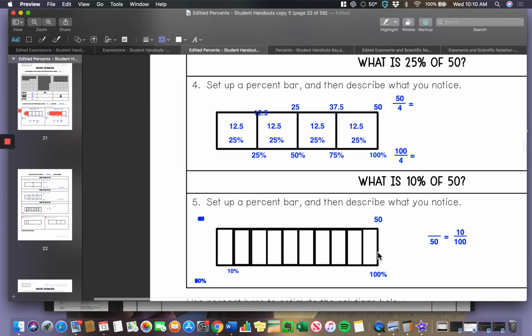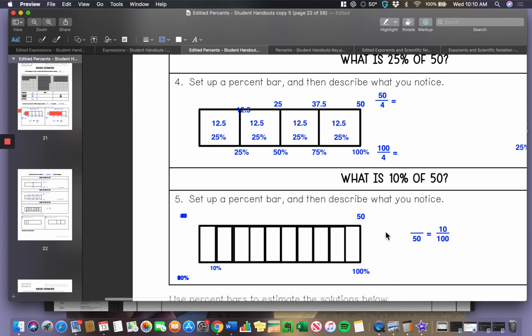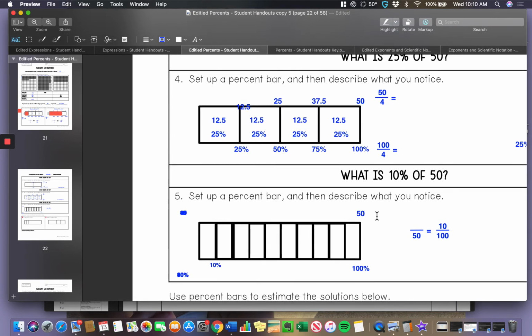All right. So then again, I can take the amount, the total amount here, and divide it by the number of boxes that there are. So I can take 50 and divide it by the 10 boxes that are there.